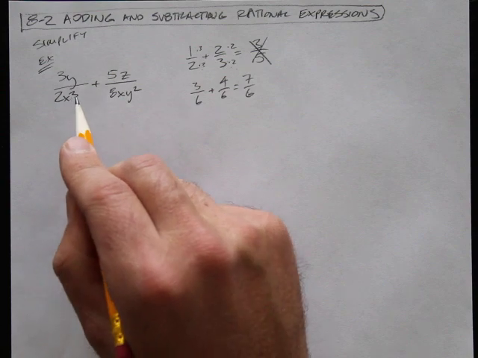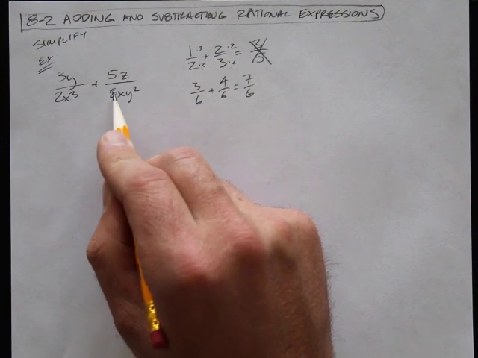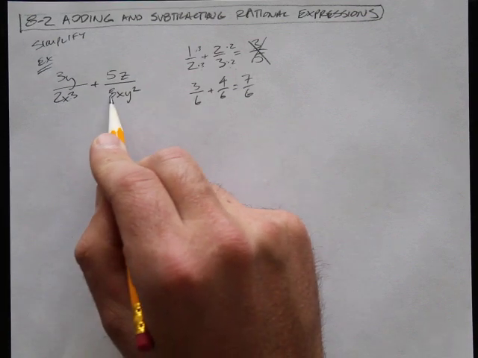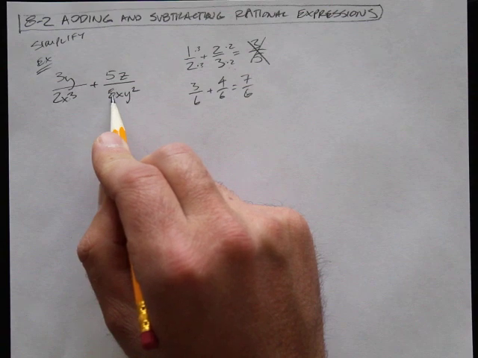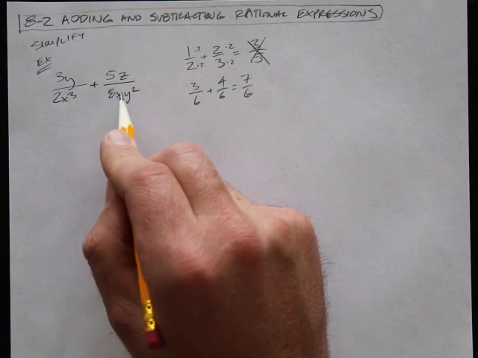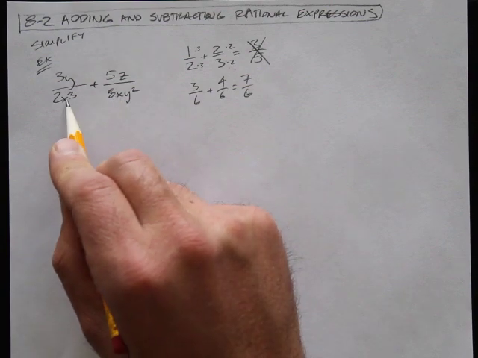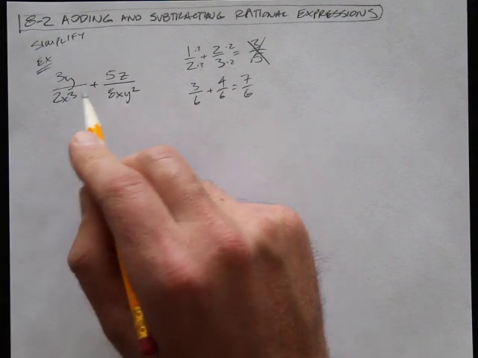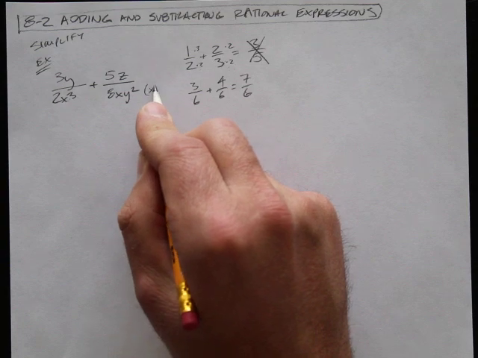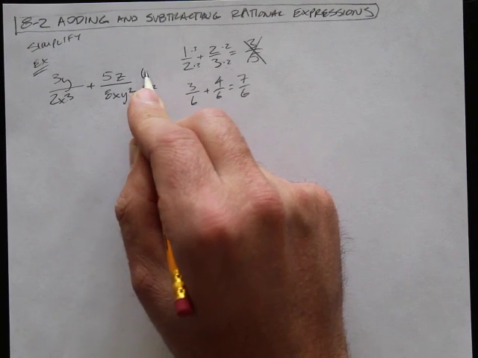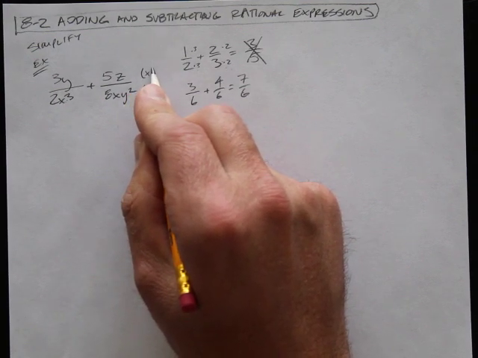This term here has an 8, and so that's fine. And then it's got a 2 in there, that's 2 cubed. And so now it doesn't have x cubed. If I want x to be x cubed, I need to multiply it by x squared. So I know I'm going to need to do the top and the bottom each by x squared.